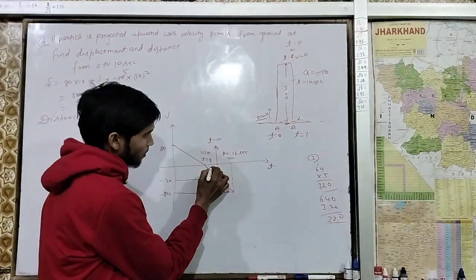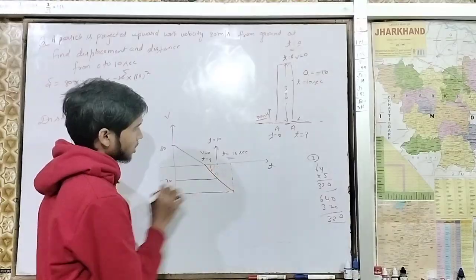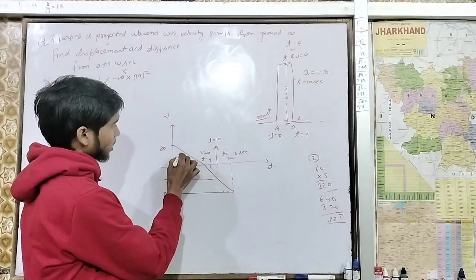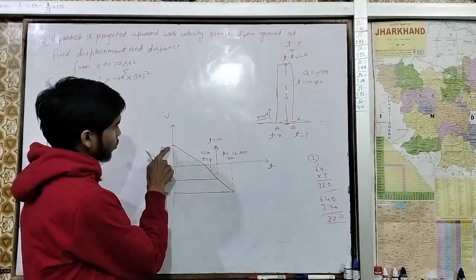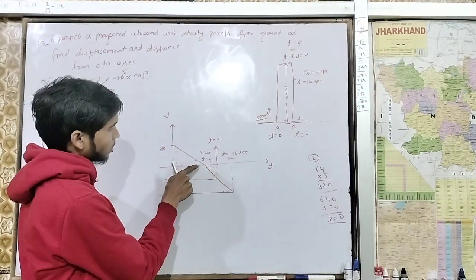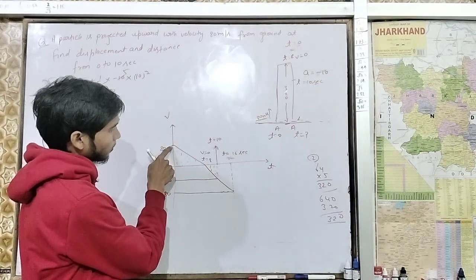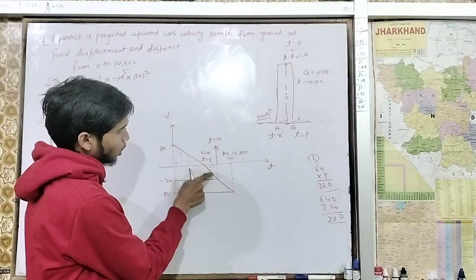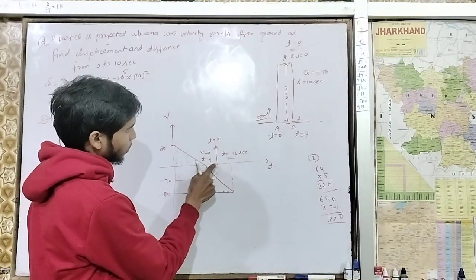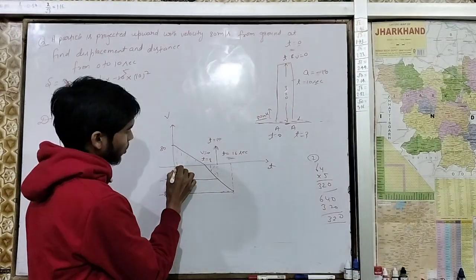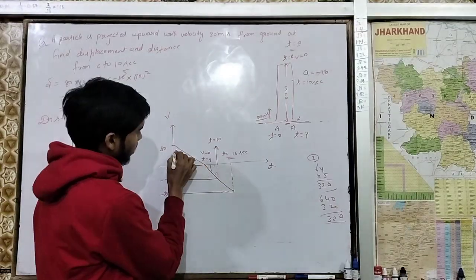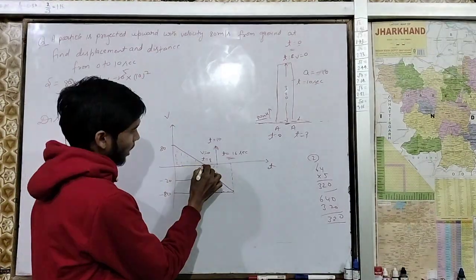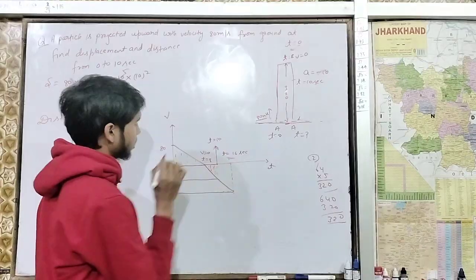So we want this part and this part, from 0 to 8 and 8 to 10. This part and this part.